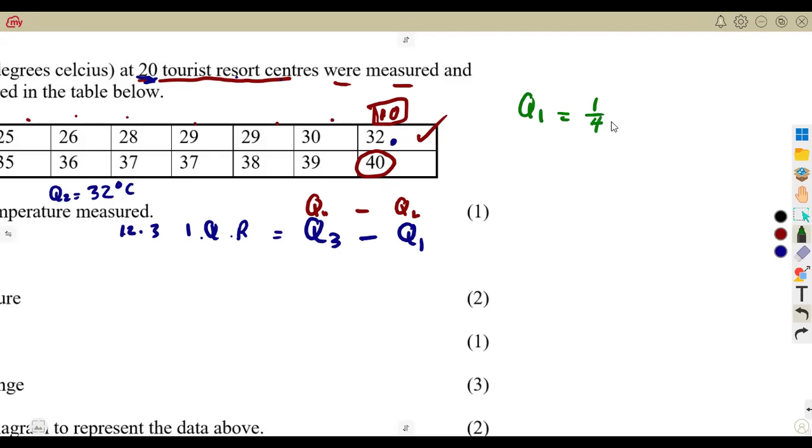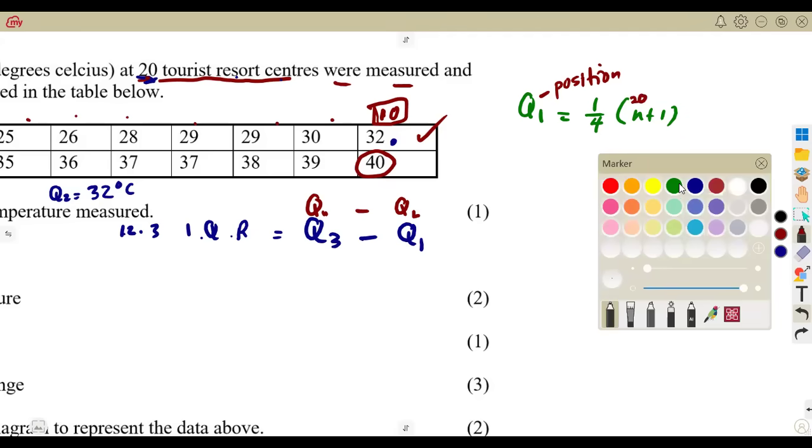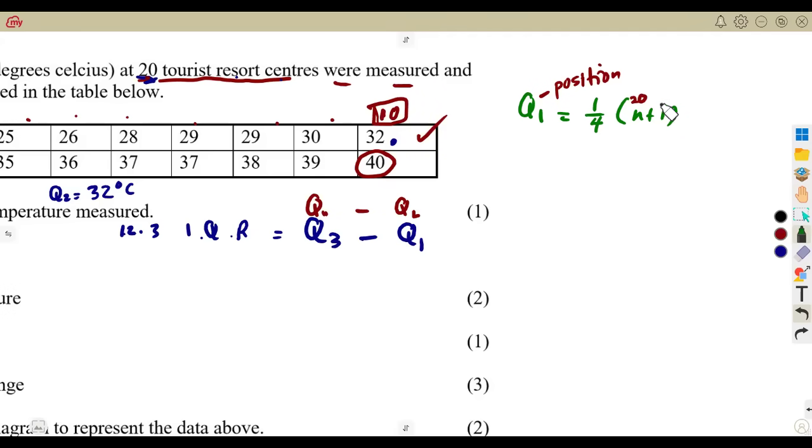Remember, this is a quarter of the distribution. That is a quarter of n plus 1. We are talking about the position of this Q1. Where is it going to be situated? Remember your n, the total, that is 20. So a quarter of 20 plus 1, which is a quarter of 21, 1 over 4 times 21.